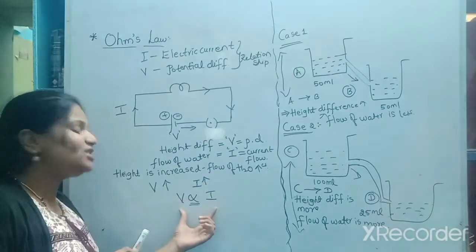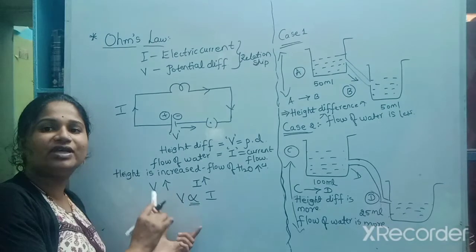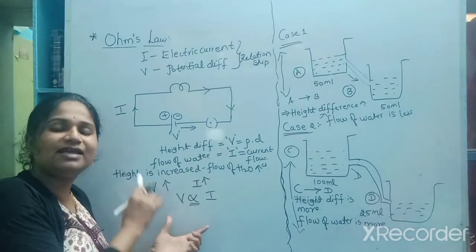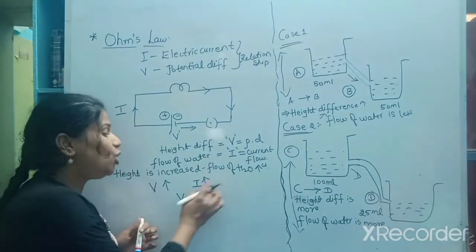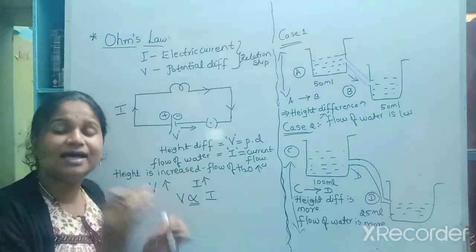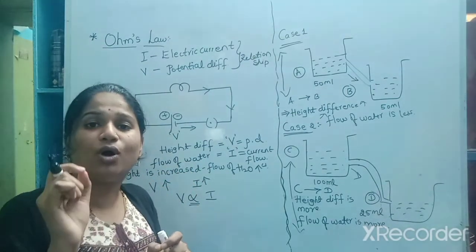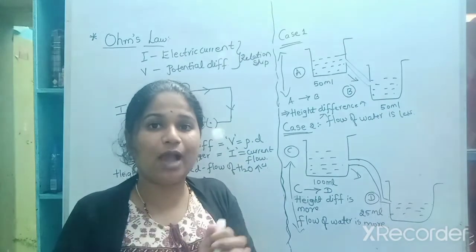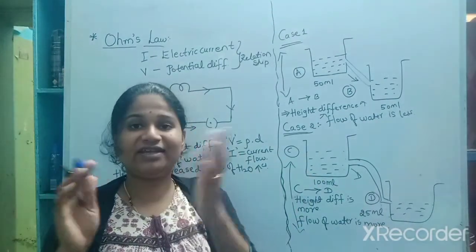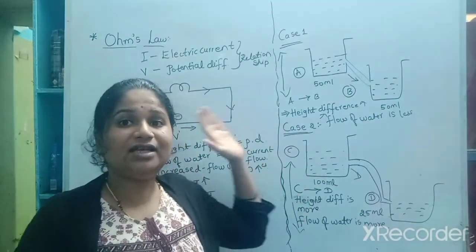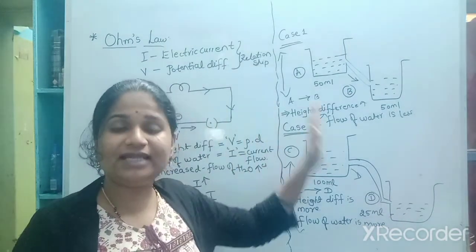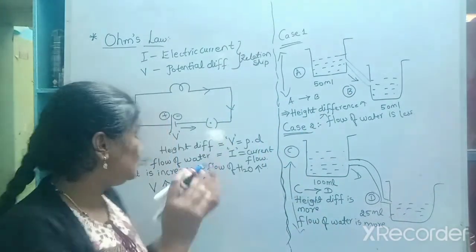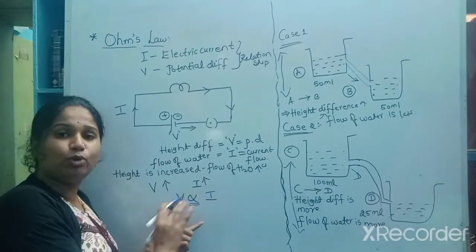So by this we can say that potential difference is always directly proportional to the flow of current, provided temperature remains constant. So here we have one big condition: only when the temperature remains constant will they be directly proportional.